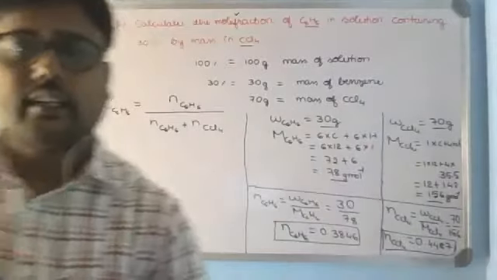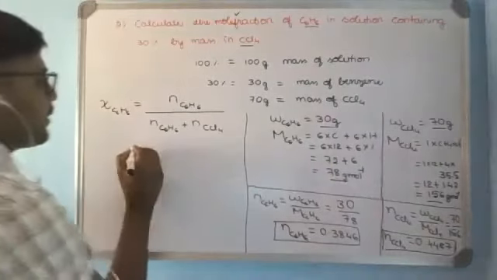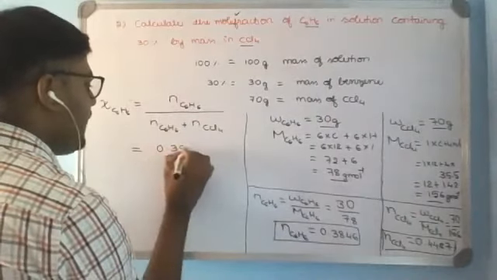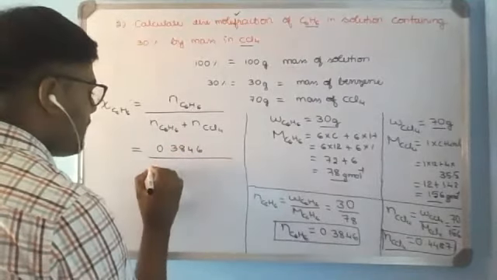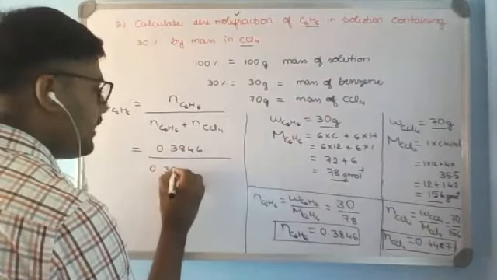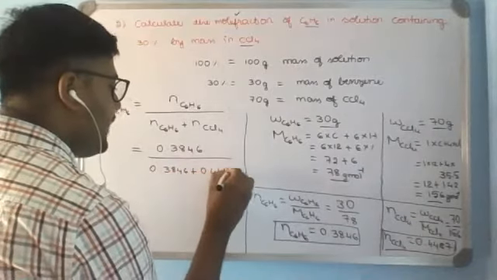Now we have calculated their number of moles, so we substitute into the mole fraction formula. The number of moles of benzene is 0.3846, divided by the number of moles of benzene plus the number of moles of CCl4, that is 0.3846 plus 0.4487.